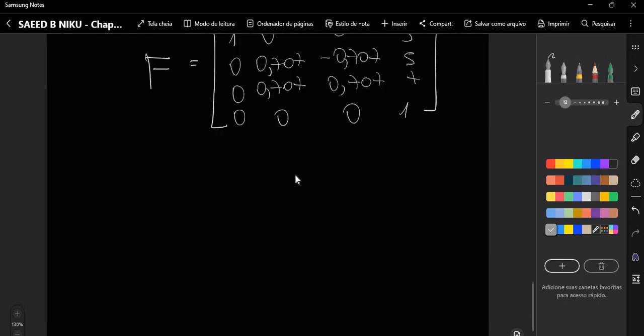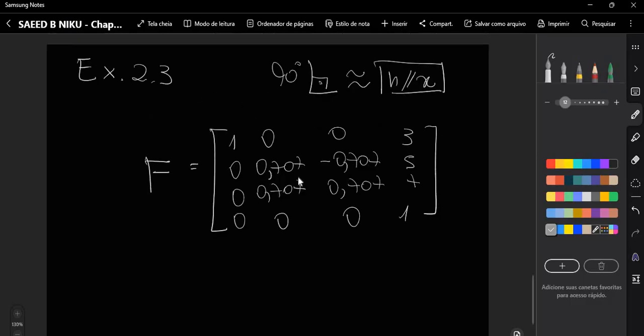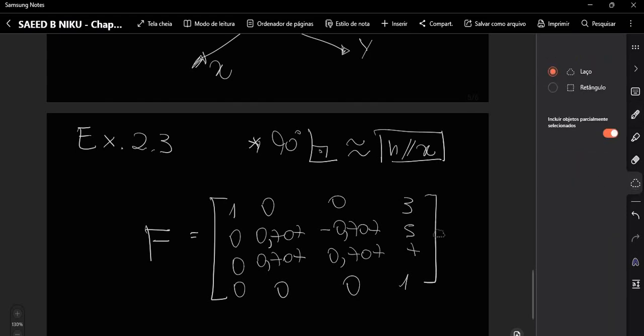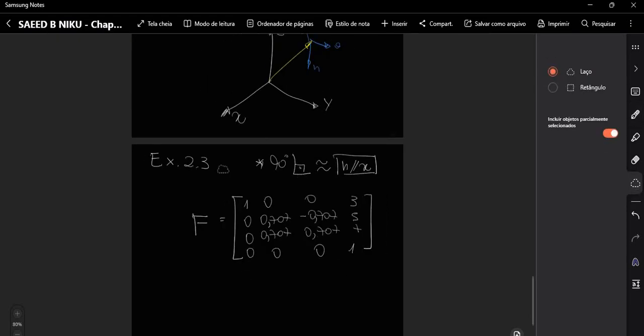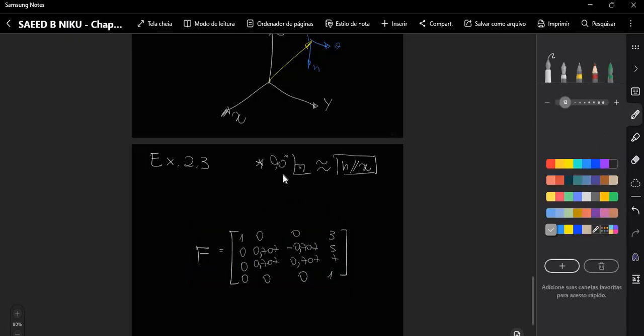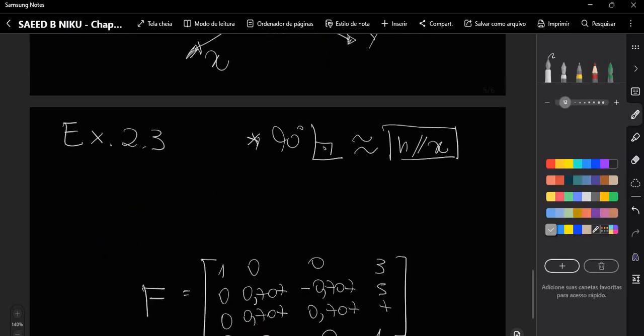Okay, and also it has the axis a at 45 degrees.